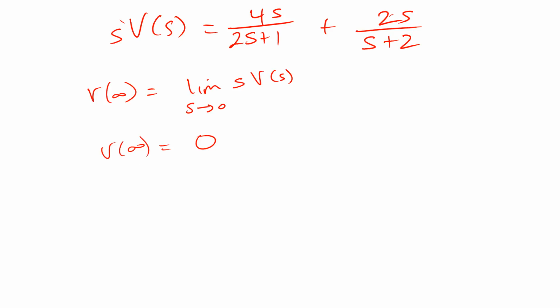So if you need to find the initial or final values for a circuit, you don't necessarily have to go through the whole long process of reconverting into the time domain. You could simply use the initial and final value theorems to find it in the s domain directly.